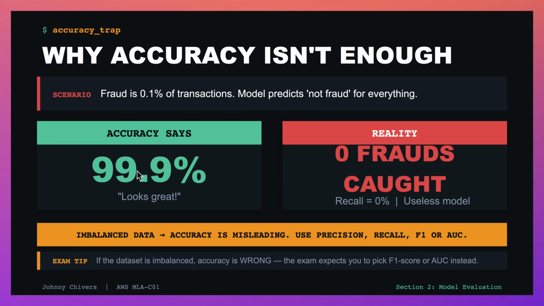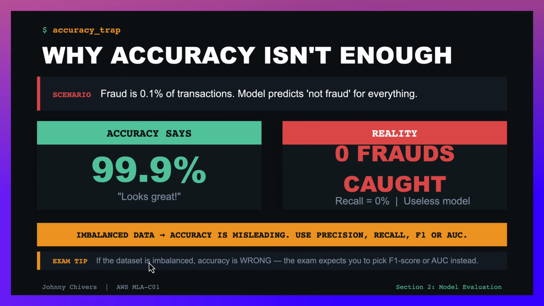So the accuracy says it's 99.9% and looks great. And you get no percentage of the fraud use cases actually caught, and that's a problem. So with imbalanced data, accuracy is misleading. You need to use other things that we're going to cover, like precision, recall, F1, or the area under the curve. These are things that you will need to know for the examination itself.